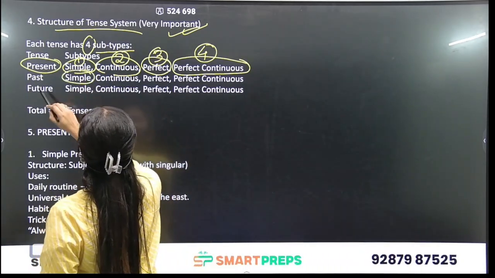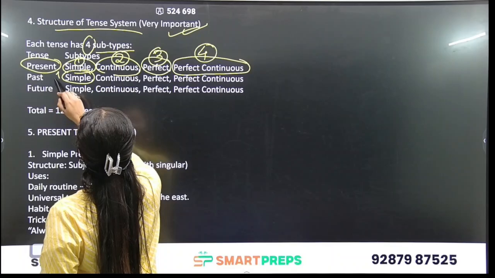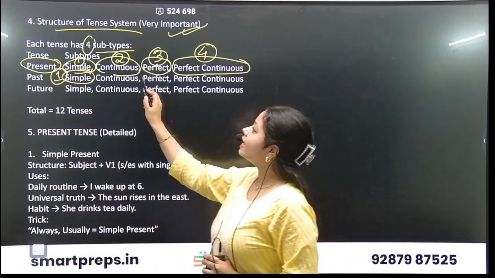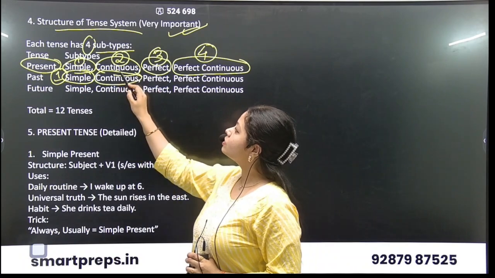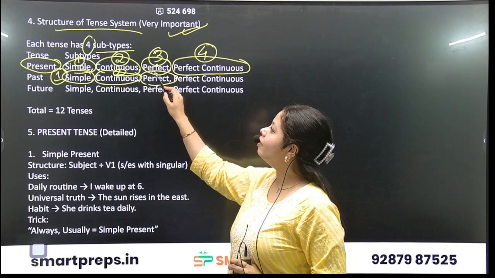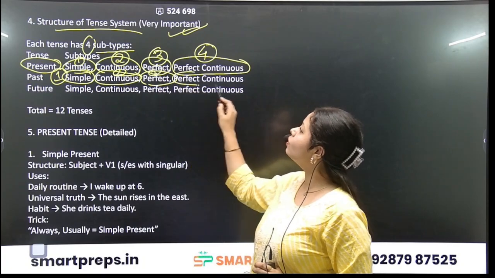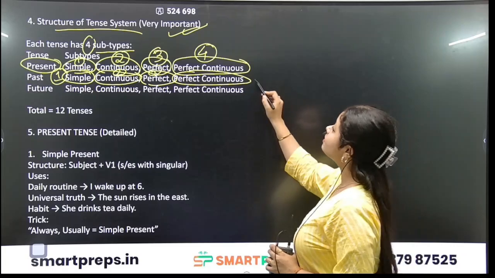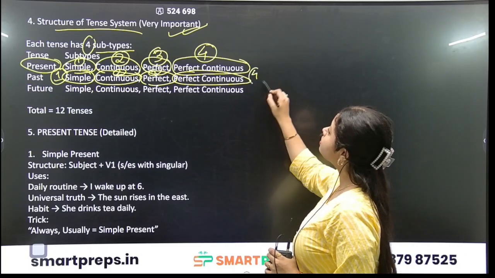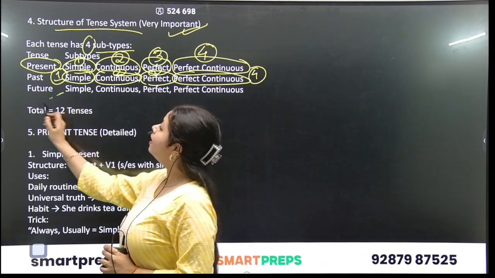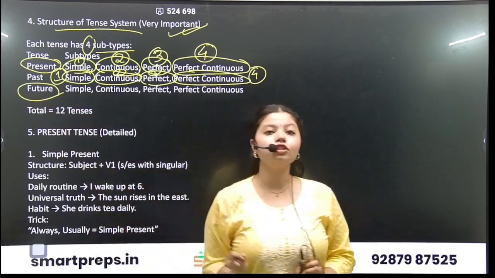The first type of past tense is simple past, the second type is past continuous, the third type is past perfect, and the fourth type of past tense is past perfect continuous. Now let's move on to the third tense, that is future tense.